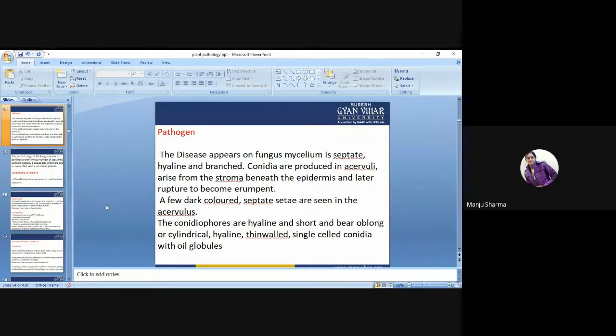Conidia are produced in acervuli, arise from the stroma beneath the epidermis and later rupture to become erumpent. A few dark colored septate setae are seen in the acervuli.